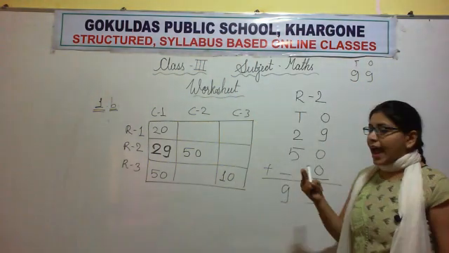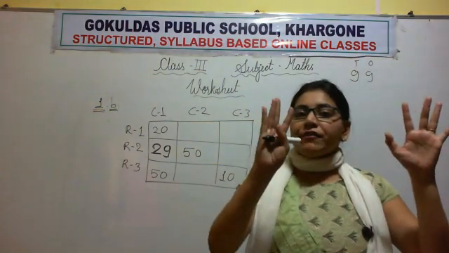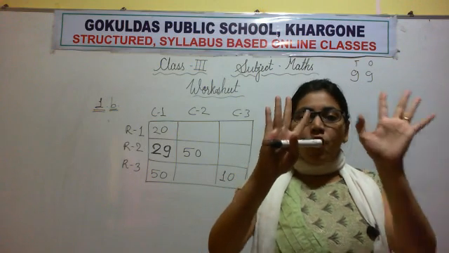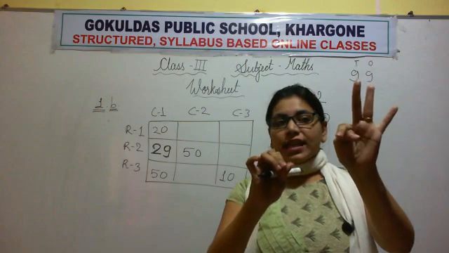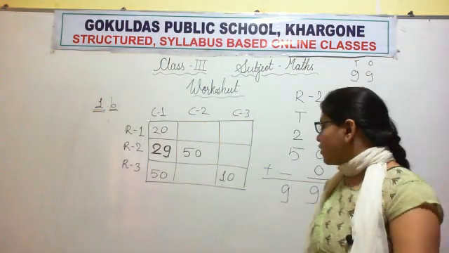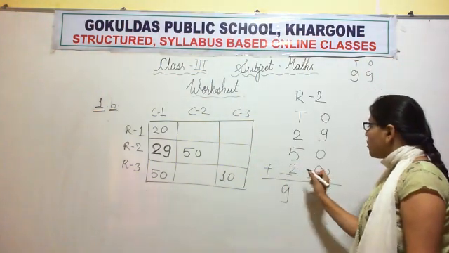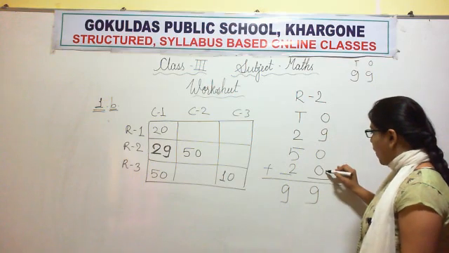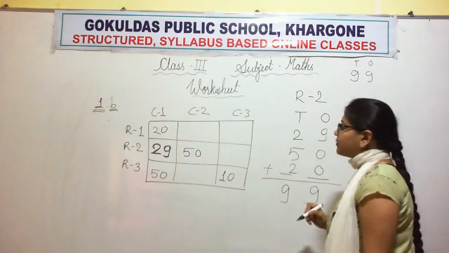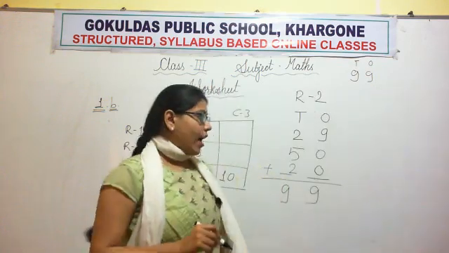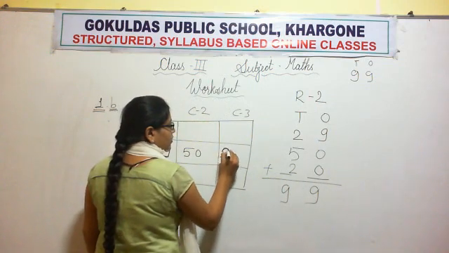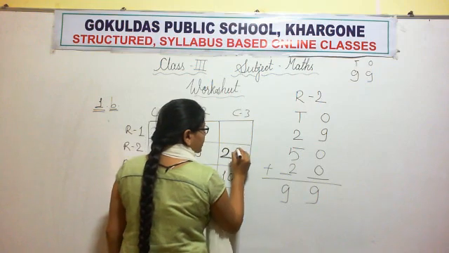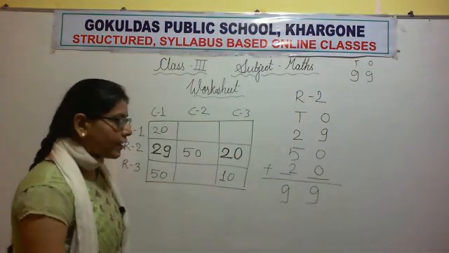So how many we will add in this 7 to get 9? We will add 2 more. Now let's count: 1, 2, 3, 4, 5, 6, 7, 8, 9. So we will add 2 more. So 0 ones and 2 tens means 20.